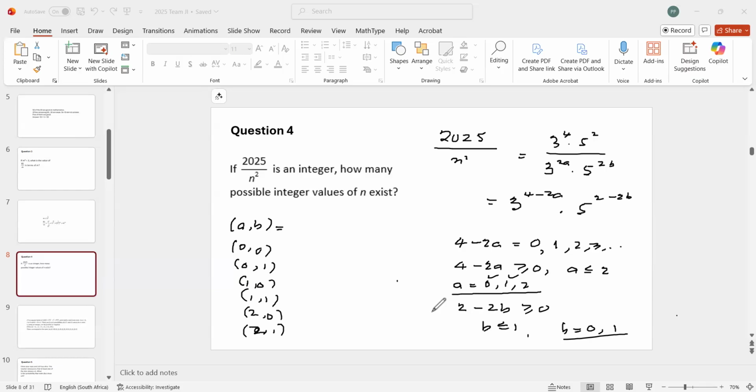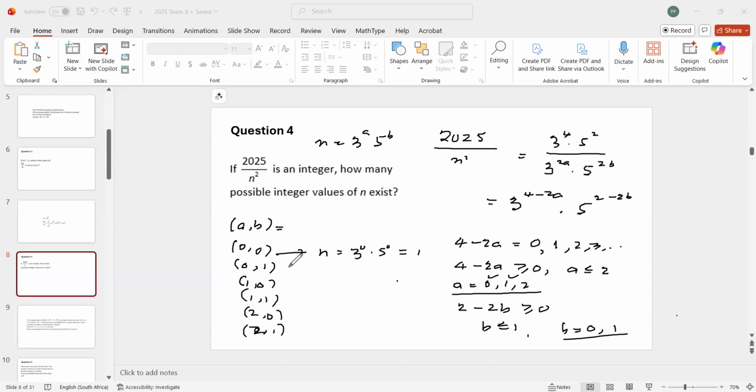2, 1. Right. And in each case now, we remember n is equal to 3 to the power of A times 5 to the power of B. So if you see what n is: 3 to the 0 times 5 to the 0, and that is 1 times 1. So n is that.